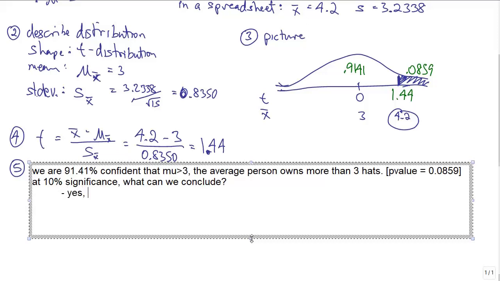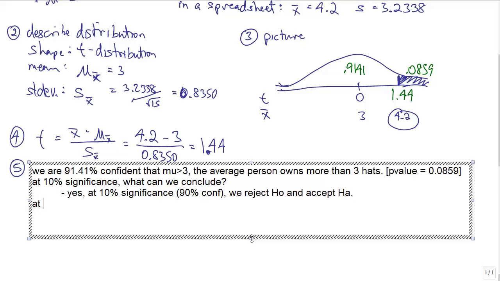So we say yes. At 10% significance, which we can say is also 90% confidence, we reject H0 and accept HA, or H1 as you like.